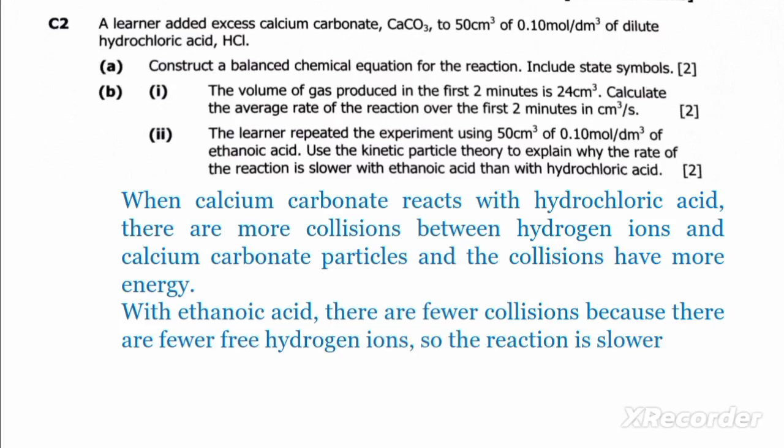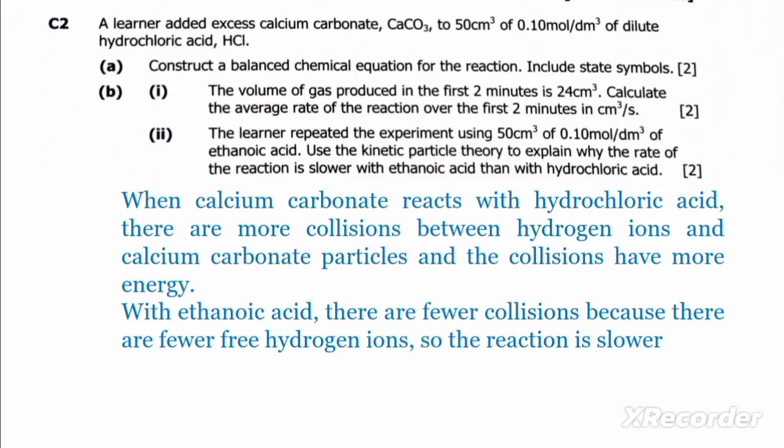In layman's language, we are simply saying hydrochloric acid is a strong acid, so it dissociates completely. Dissociating completely means it is producing a lot of hydrogen ions. Then ethanoic acid is a weak acid. It produces a limited number of hydrogen ions. So therefore the reaction is slower.